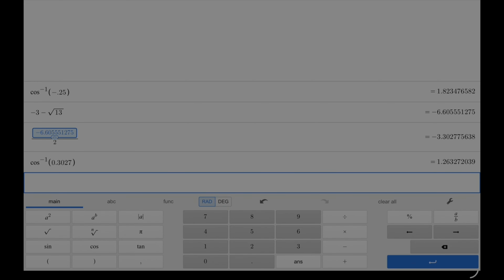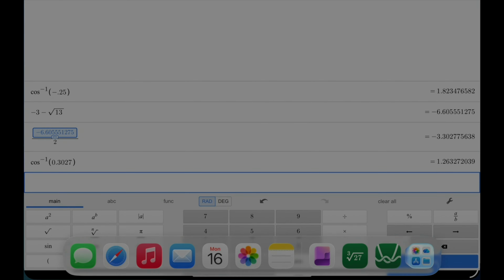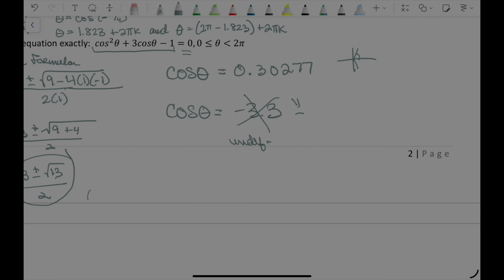And we get 1.263. This angle is 1.263. Now, since cosine is even, I could say that this angle is a negative 1.263.